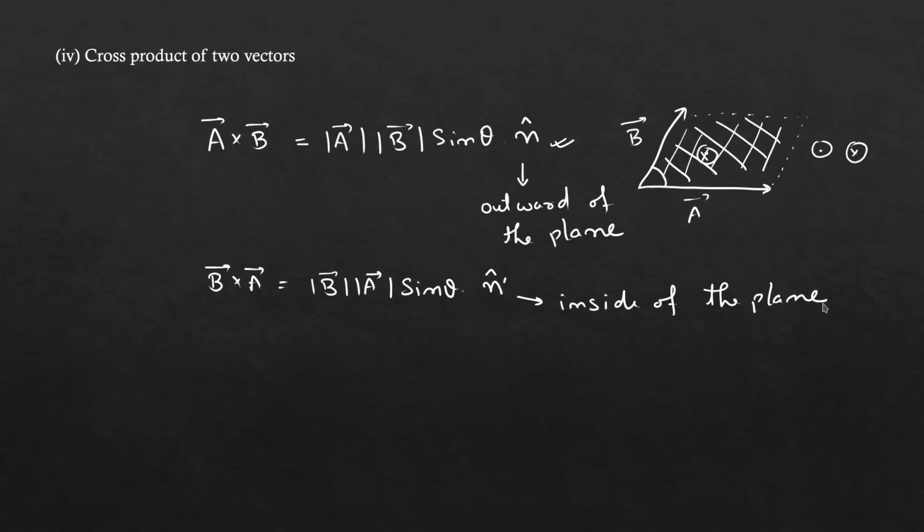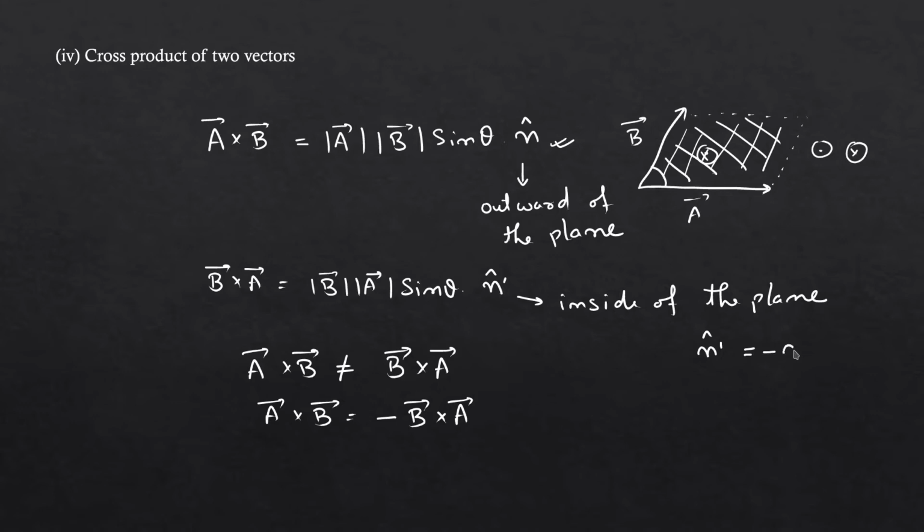So the cross product is sensitive to the order we put for calculating the cross product. In that case, A cross B is not equal to B cross A, but A cross B equals minus B cross A. So n cap prime is equal to minus n cap.